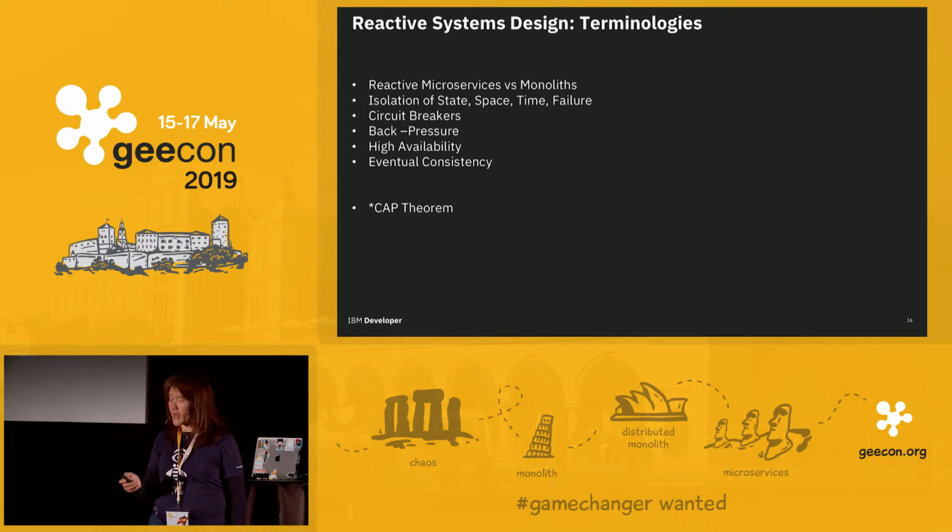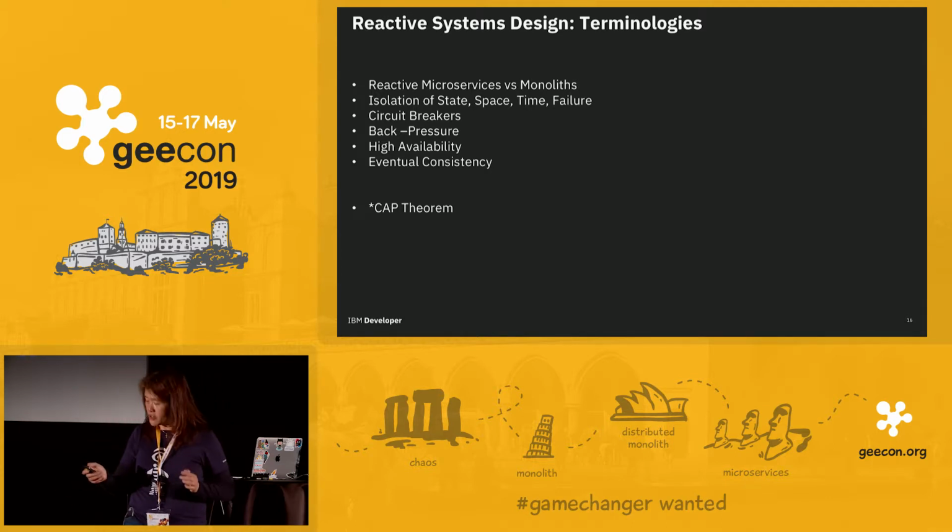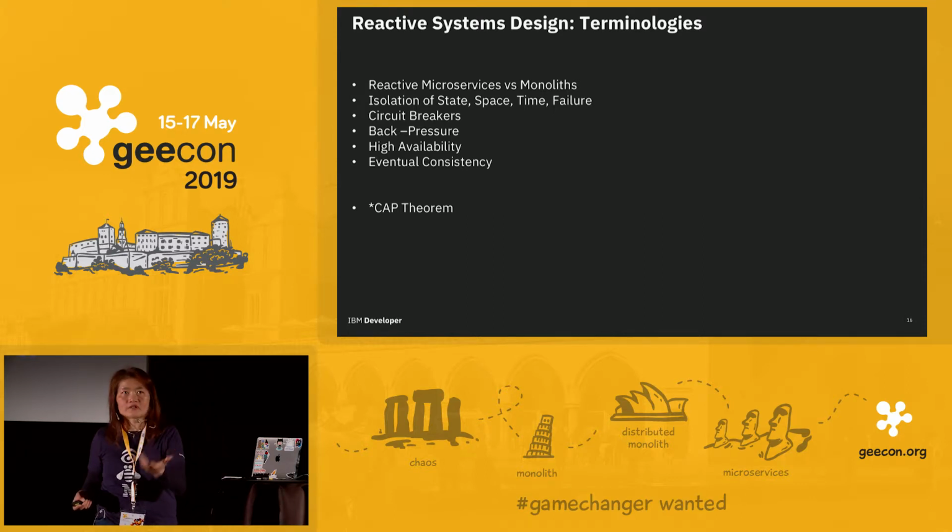And then there's also high availability and eventual consistency. And I want to bring up the CAP theorem, if you're familiar with it. What it says is that in any kind of data-intensive system, you have 3 aspects: network partition, high availability of the data, and also data consistency, right, the integrity of your data.